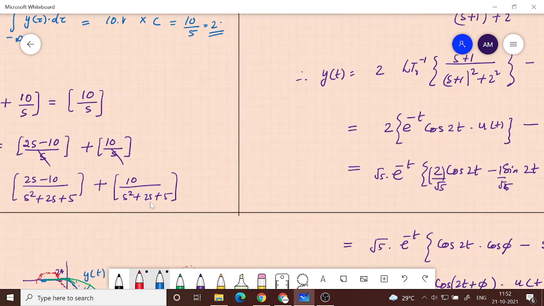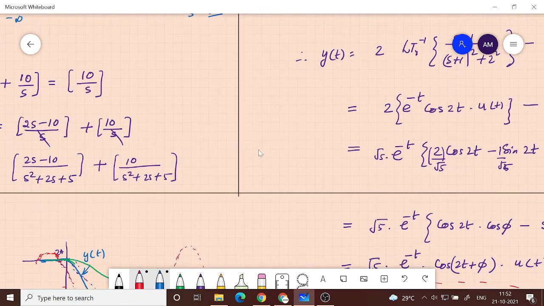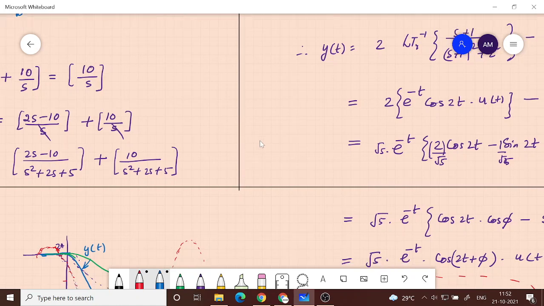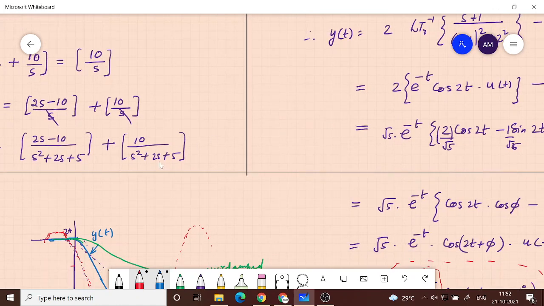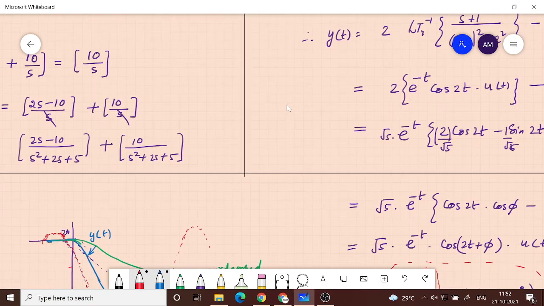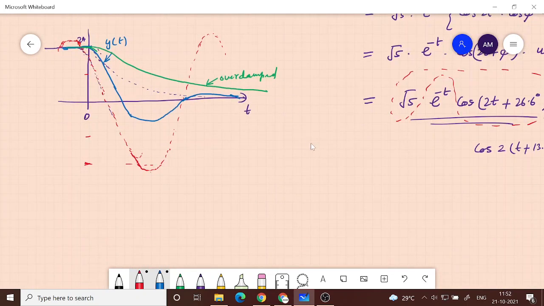Which component? I think this 2 ohm is what you have to make bigger. Maybe if you make it 10 or 20 ohms, definitely you will see that the roots, from b square minus 4ac, if you take 20 it will be just repeated roots. Okay, so that's it. I will close here.